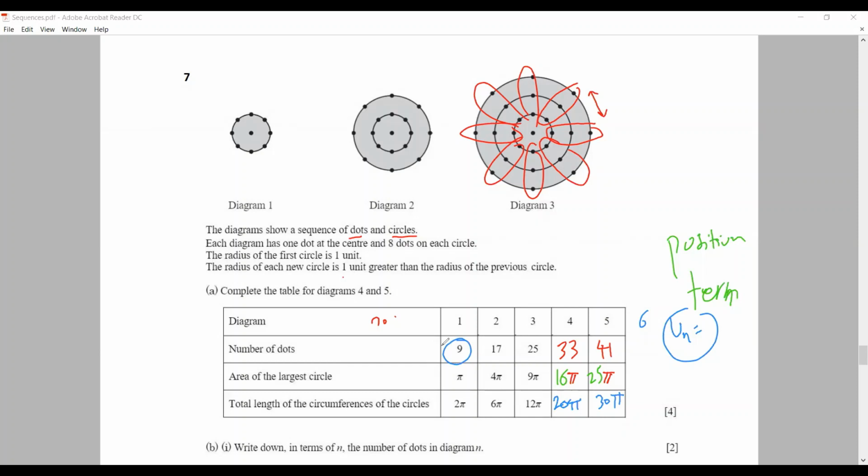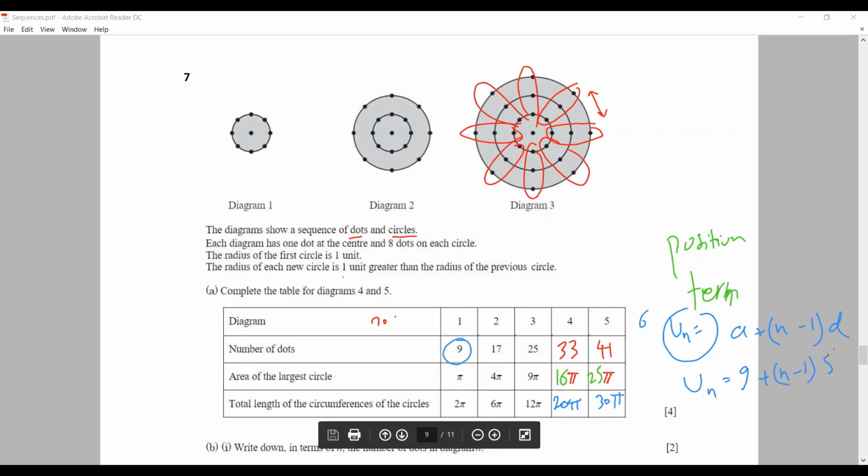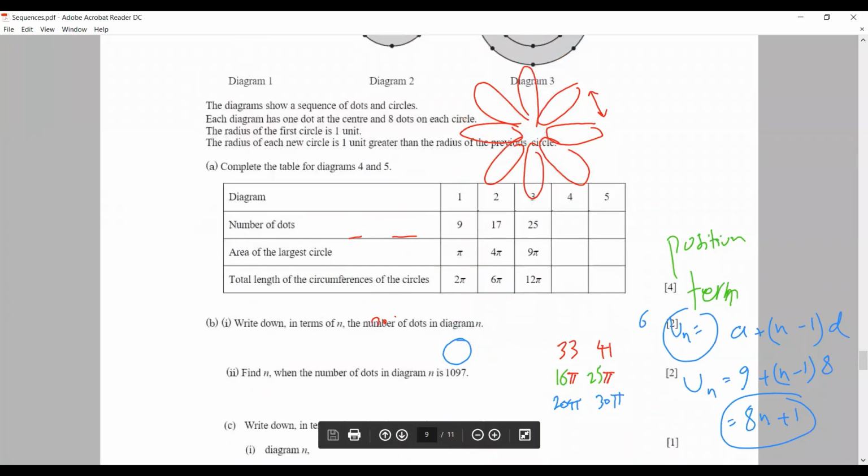So this is arithmetic, and in arithmetic, the format is a plus n minus 1 times d. So they want u sub n. We have 9 plus n minus 1 times d, which is 8. That's our common difference here. So I get 8n plus 1. That's the answer for part B.